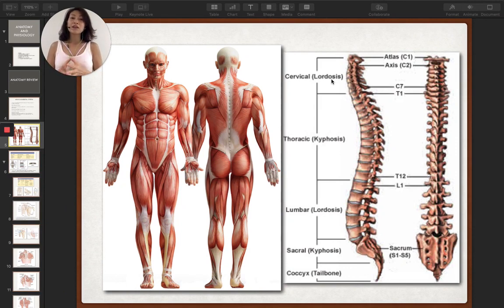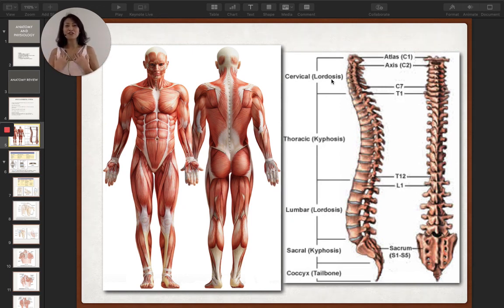So T stands for thoracic, another anatomical term, they call it kyphosis, while the cervical one, they call it lordosis. So the thoracic spine, we have, yes, give me the number. 12. Why do we have 12? Right, because we have 12 ribs, of course.